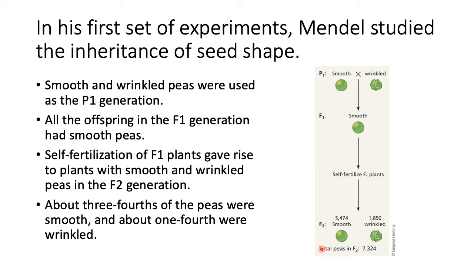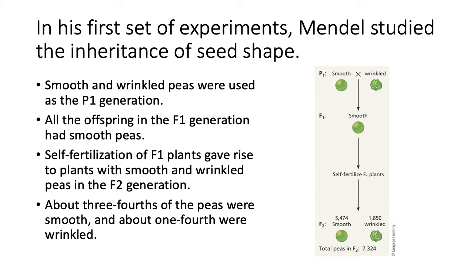He noticed that 3/4 of the plants, and if you notice here, there's 5,474 plants, so that's a lot of data, had a smooth phenotype, and that 1/4 of those plants had wrinkled peas. And this was interesting to him because what he figured out through this was that traits are not necessarily lost.